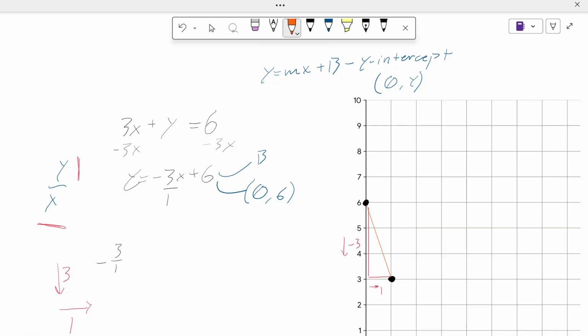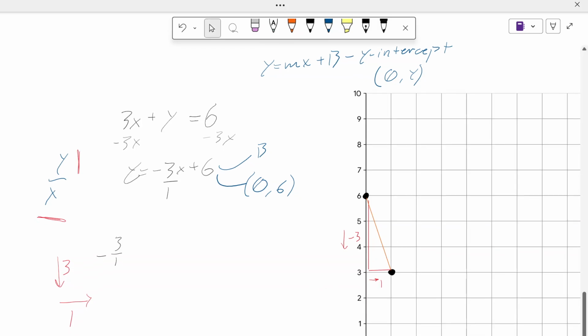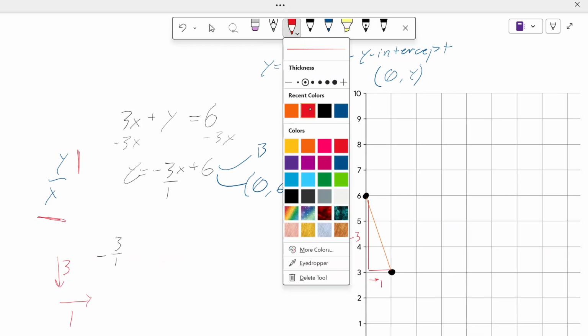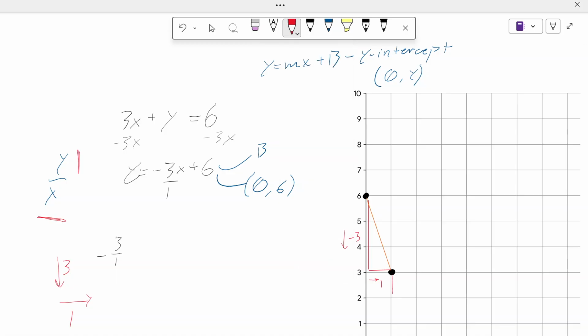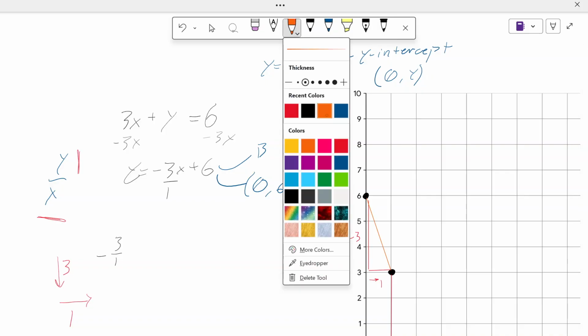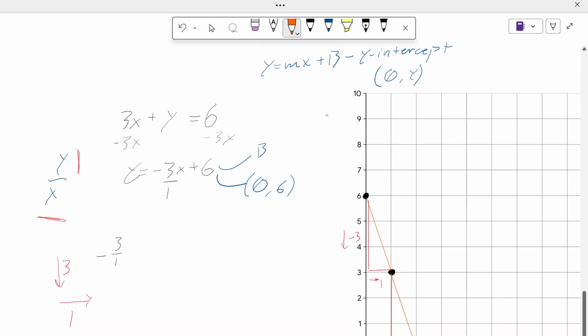Boom. If we follow this trend, we can go back down 3: 1, 2, 3. Then we go over 1, and we put another dot here. And we can draw from here to here.